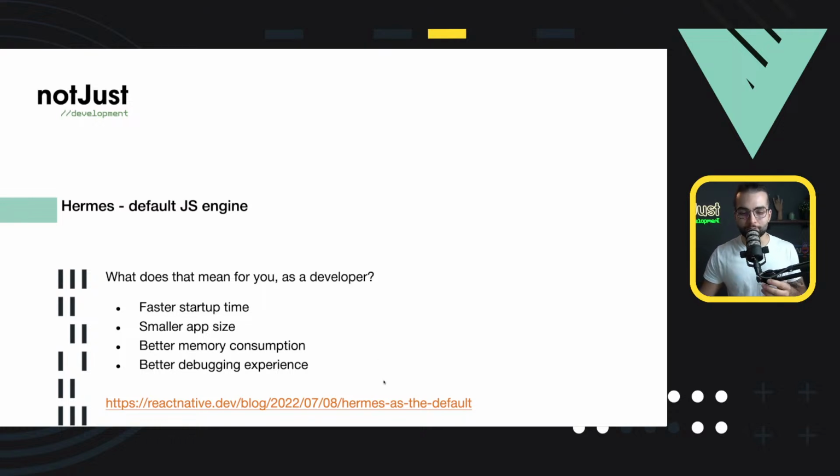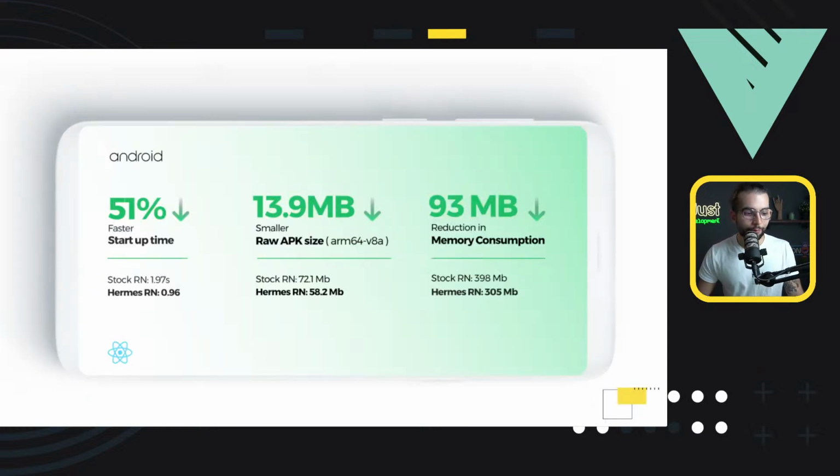If you want to learn more about Hermes as the default JavaScript engine for React Native applications, you can check it out on this blog post on reactnative.dev. They explain it pretty well there. But in general, in terms of improvements that Hermes is bringing to your application, on Android that's going to be around 50% faster startup time, much smaller APK size, and a bit less memory consumption when using the application.